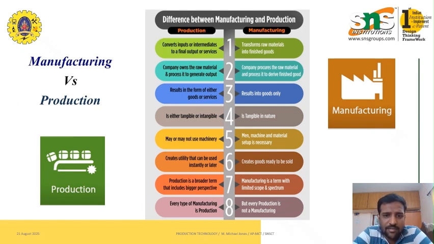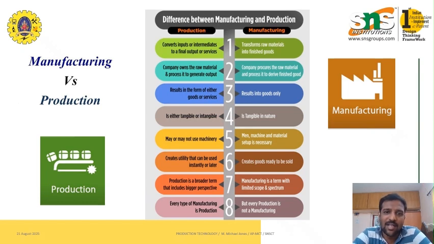The fundamental difference between manufacturing and production is explained here. What is production and what is manufacturing? They go in line with each other, but there are specific, unique differences between the two terminologies we use.